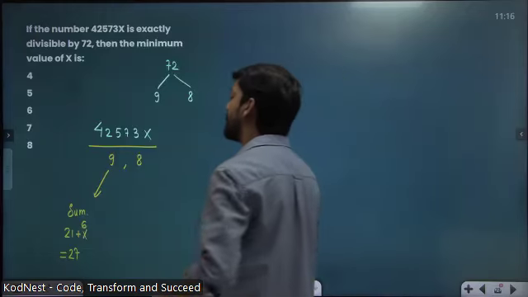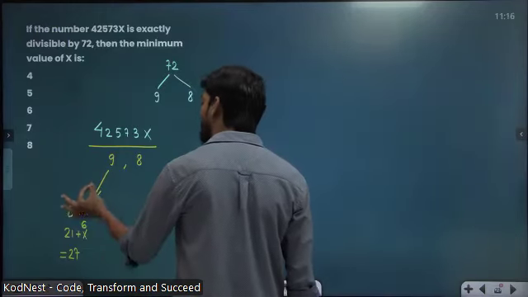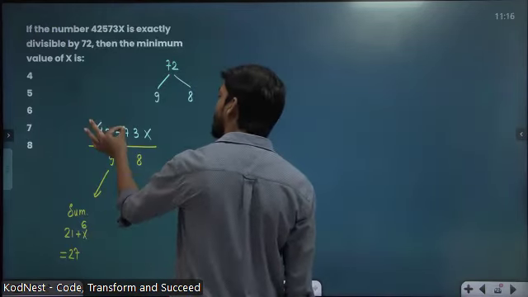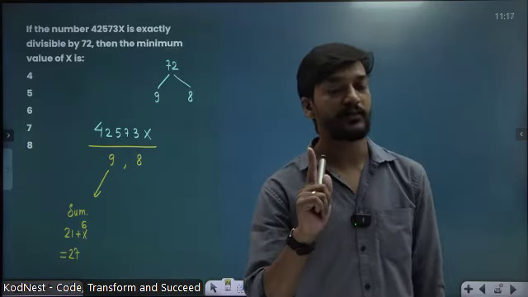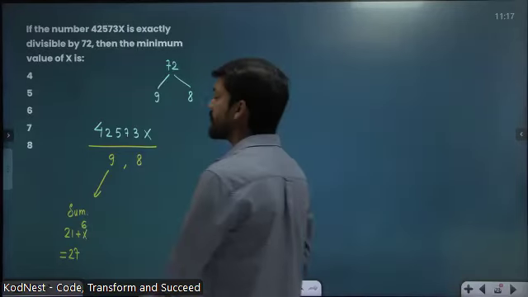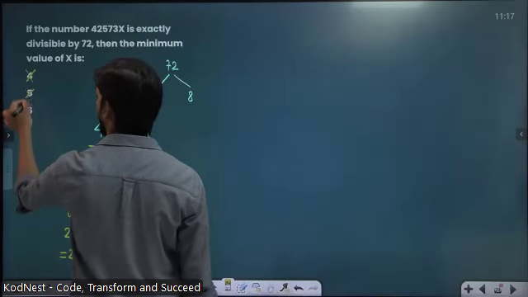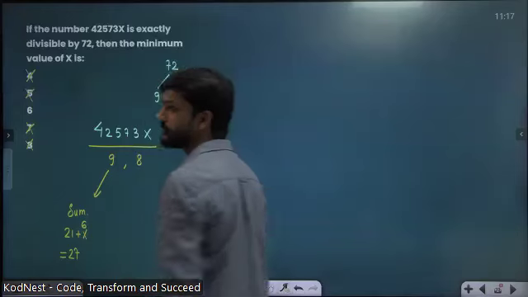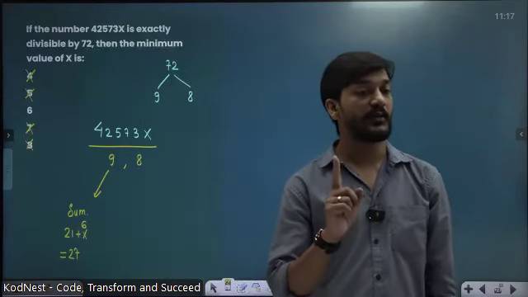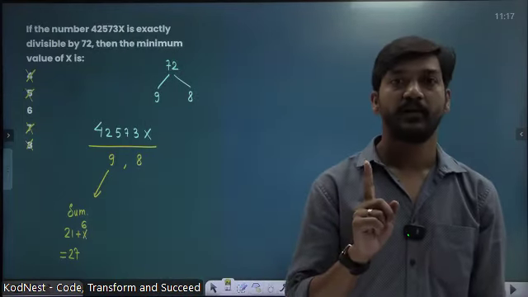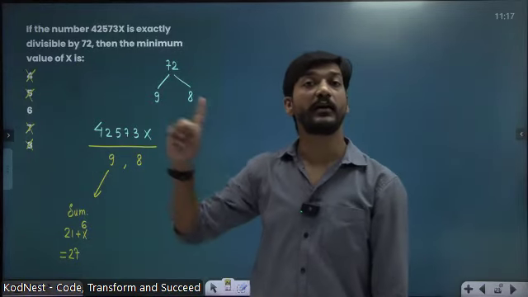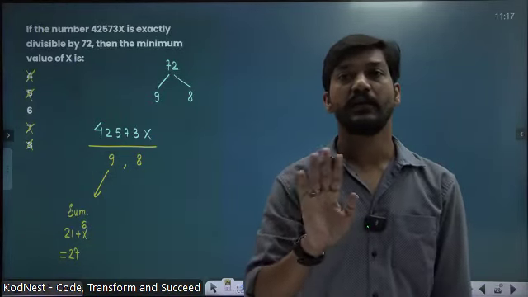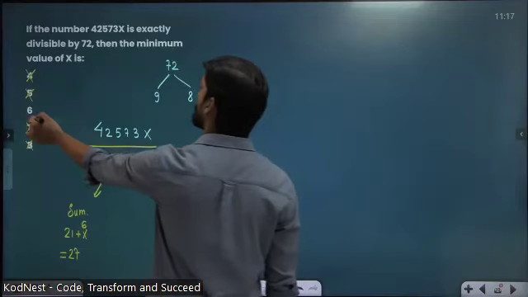Which value of x will give you a number divisible by 9? Only one value, 6. So can I say other values are wrong? Because only one value I'm getting, other values become automatically wrong. So I need not check. This is the correct option.